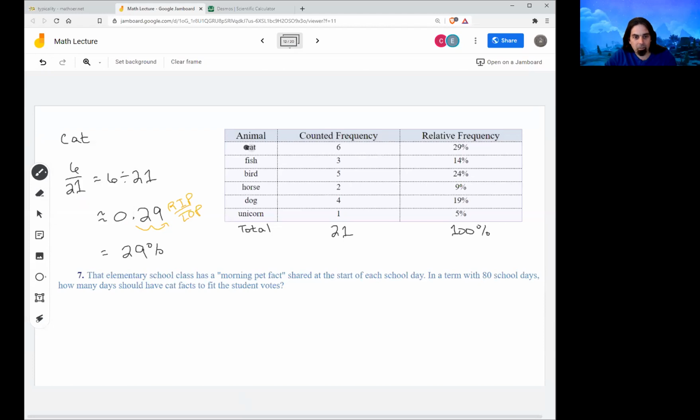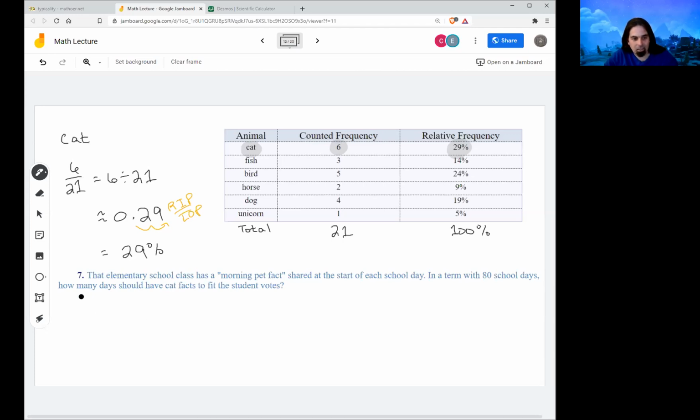We know that cat went with 6 or 29%. $23.2. What did you do? How did you get your answer? 29%.